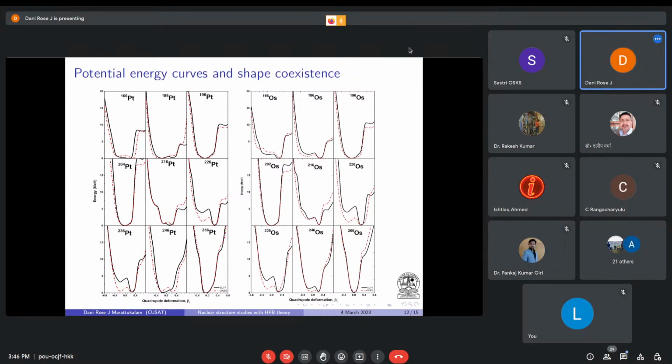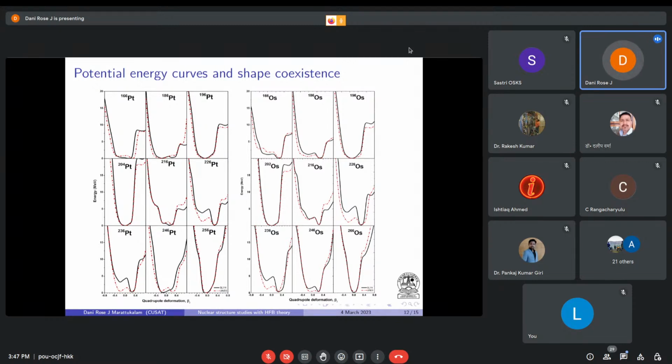While considering the potential energy curve, the minimum of the potential energy curve usually corresponds to the ground state shape of the nuclei, and when there are two minima or almost two simultaneous minima, we say that these nuclei have shape coexistence and can exist in both of these shapes.